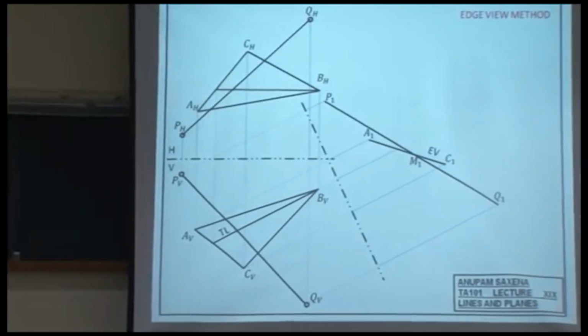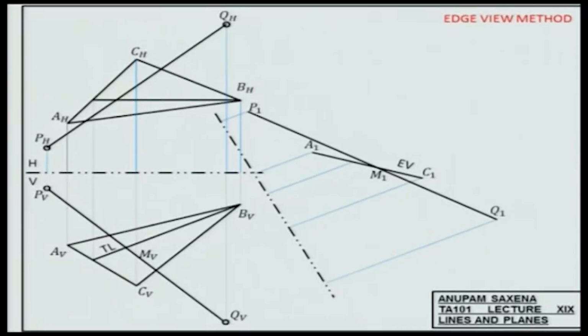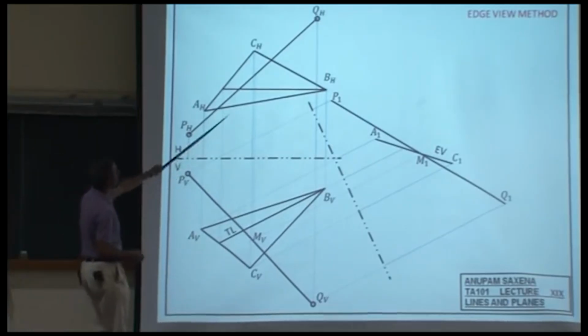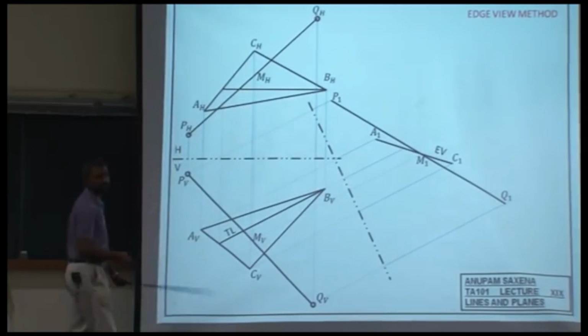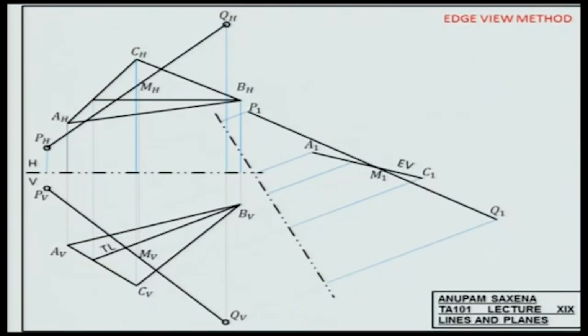Point of intersection M1 transferred back, that point has to lie on the line, that is MV, projected up, again it has to lie on the line, this is MH, okay, and of course the two projections, they lie within the plane, okay.